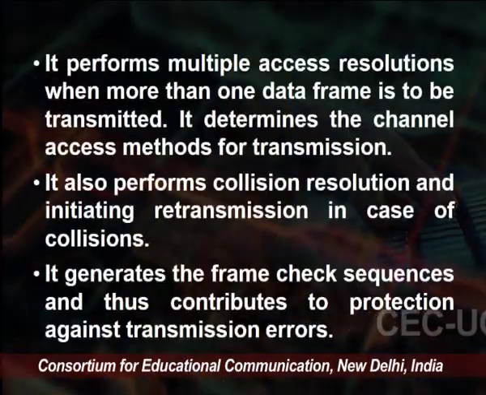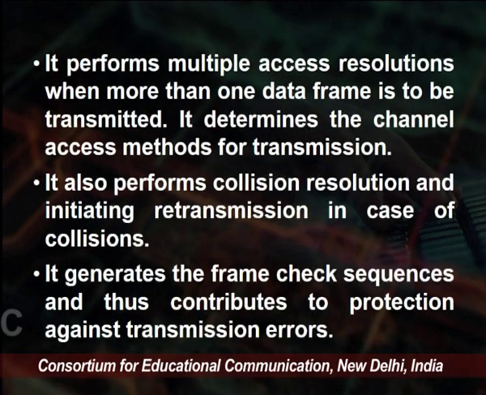So, it can be a single destination or a group of destinations. In order to handle these addresses, it performs multiple address resolution when more than one data frame is to be transmitted, and it also determines the channel access method for the transmission, that is, which channel access method is going to be most appropriate.